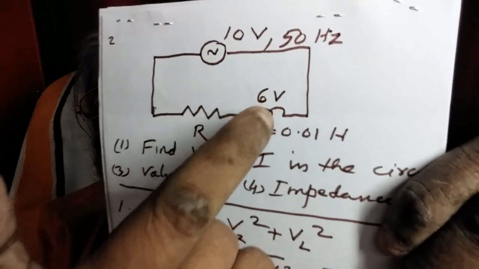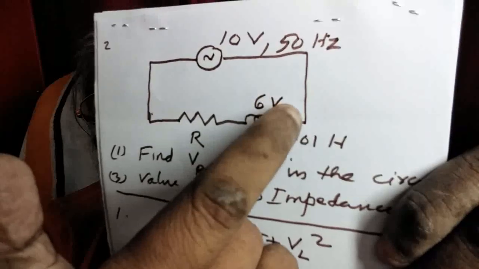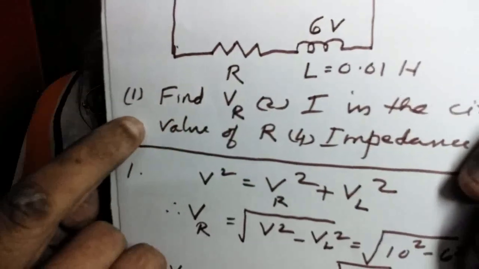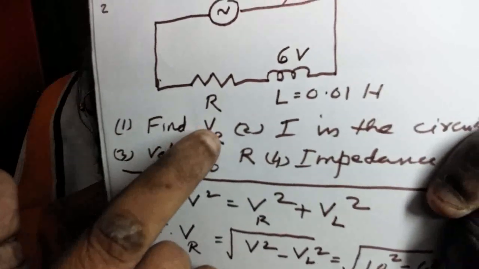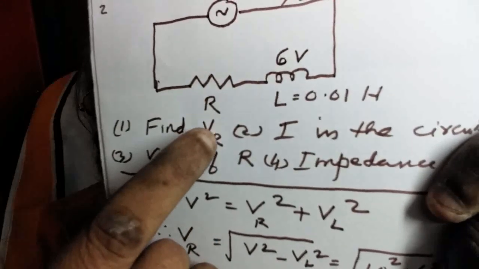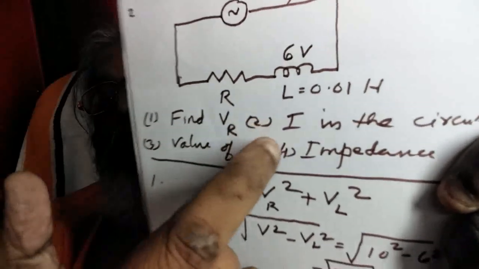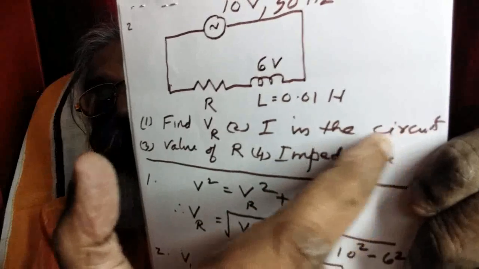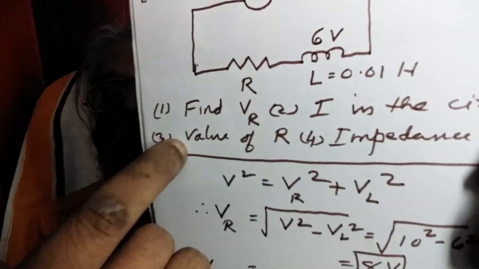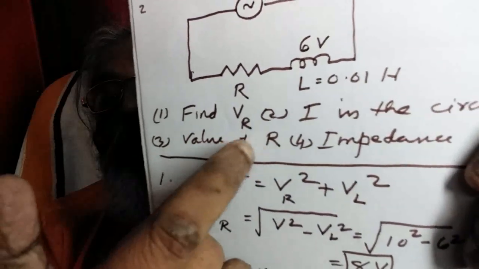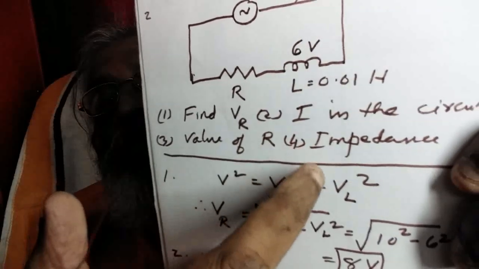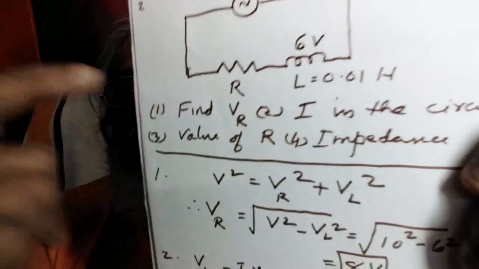Voltage of this coil is 6 volts. Here the first question is find VR, voltage across resistance. Second, current in the circuit. Third, value of R. Fourth, impedance of this circuit.